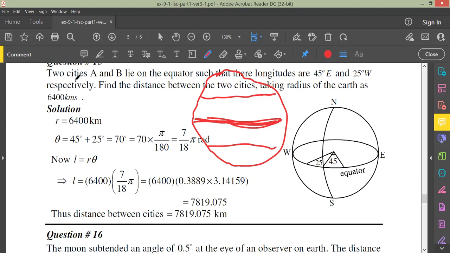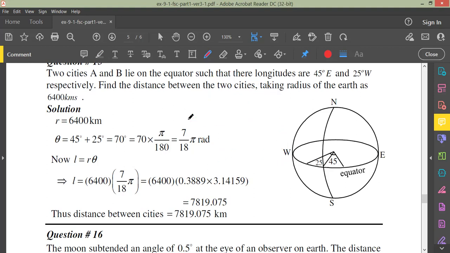So our simple question: two cities A and B lie on equator. This is equator, and two cities A and B are on equator such that their longitudes are, there are longitudes and latitudes, 45 east and 25 west respectively.